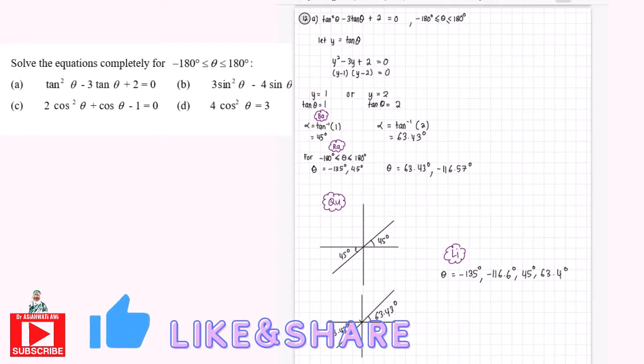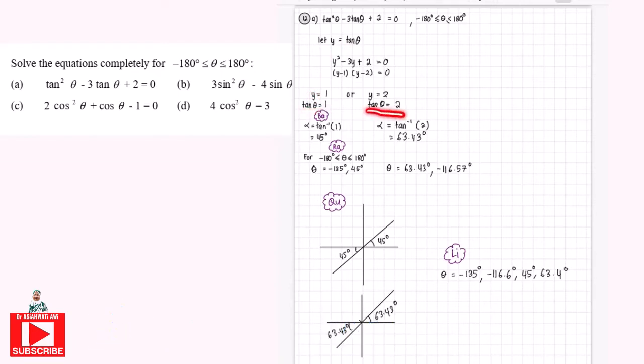So we get tan theta equal to 1 and tan theta equal to 2.